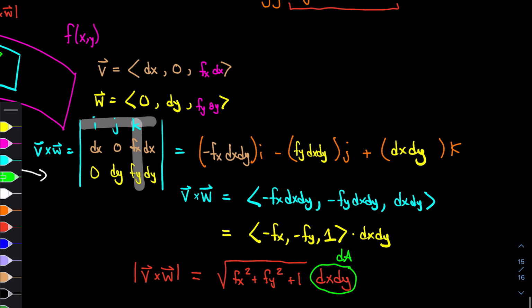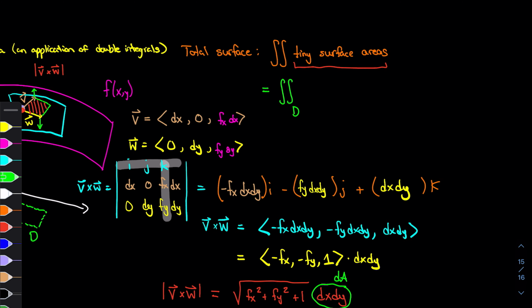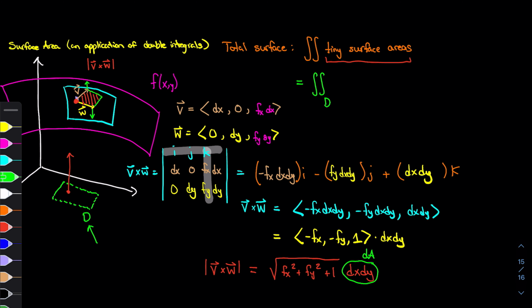So what have we done? We basically found that our surface area formula, which is adding up a whole bunch of infinitely small surface areas, evaluates to this: we add up over our region of integration, which we'll call D. So we zoom out to our photo, this is our region of integration.